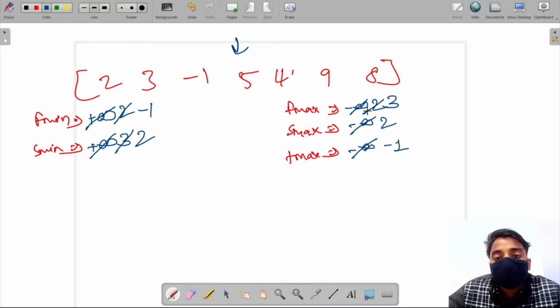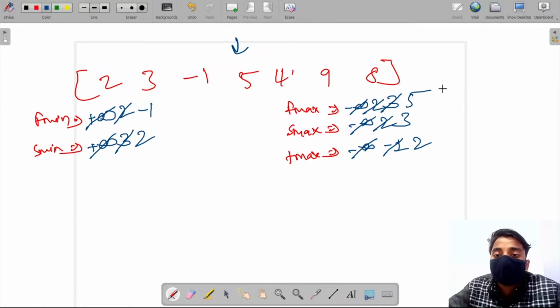This means we need to update the first max, but before that we need to update the second max as 3, and the third max as 2. This means the third max will be updated by second max, that is 2. The second max will be updated by first max, that is 3, and the first max will be updated by 5.